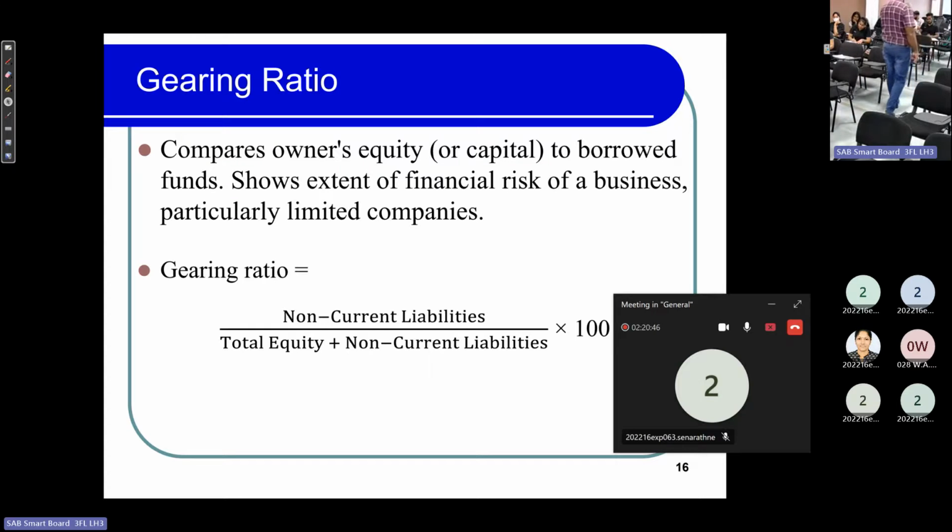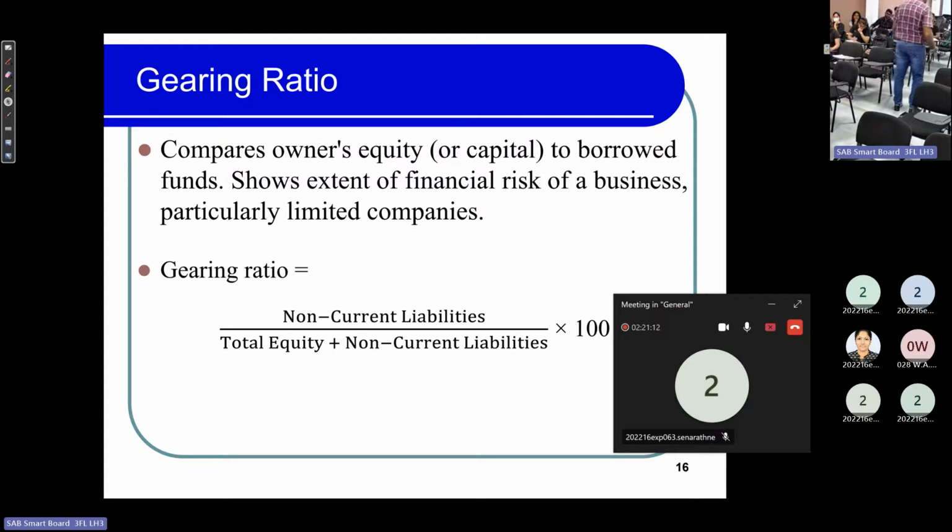accepted range? 50% is okay, but higher than 50%? Risky. Higher than 50%? Risky comparatively, right? But that would be subject to nature of the industry, nature of the business, size of business.